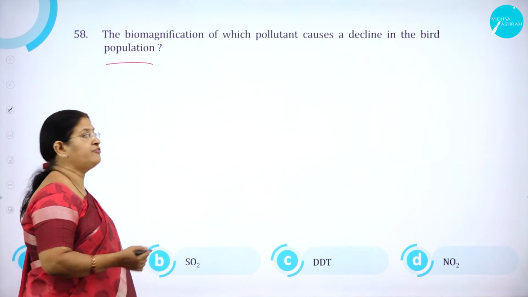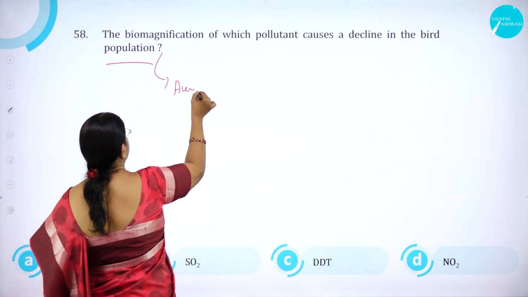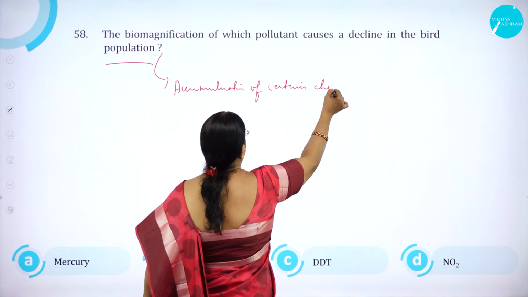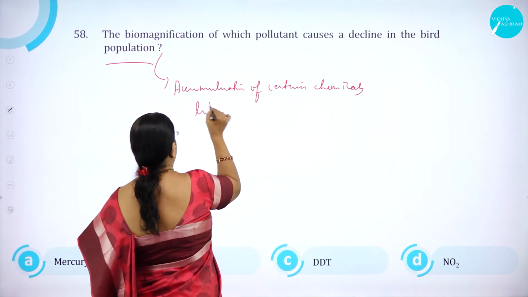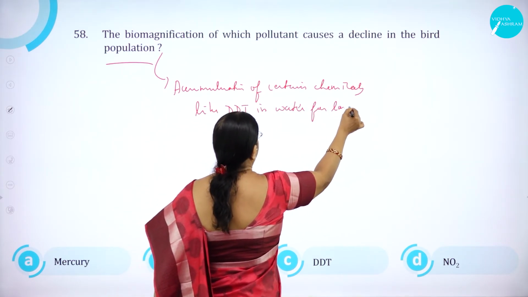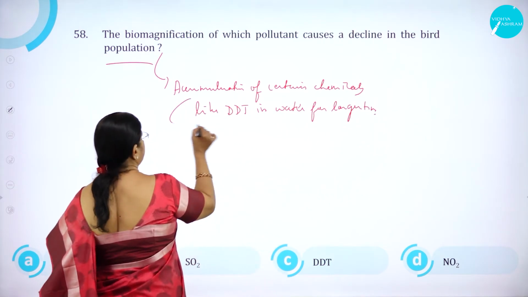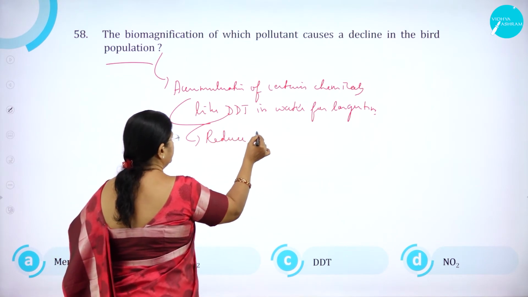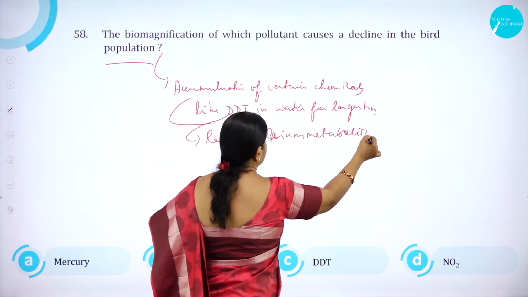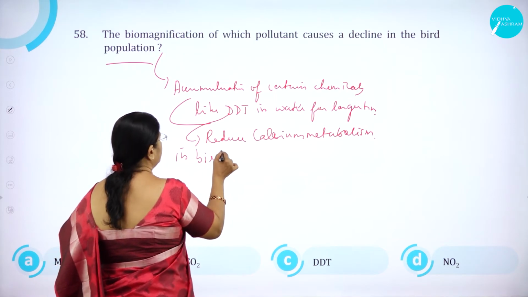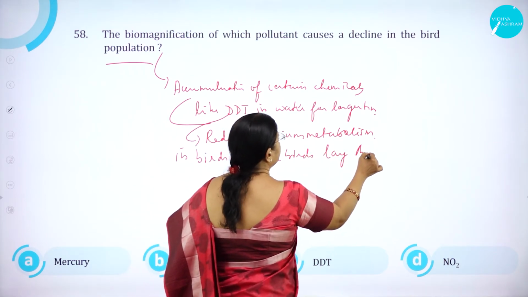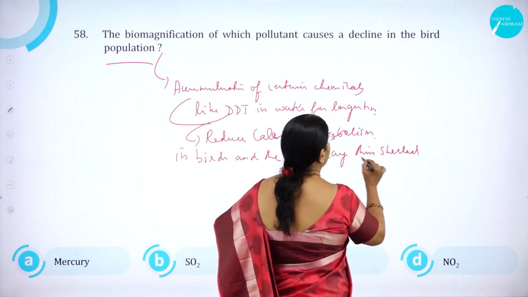Biomagnification is the accumulation of certain chemicals like DDT in water for a longer time, and this DDT will reduce calcium metabolism in birds, and the birds lay thin shelled eggs.